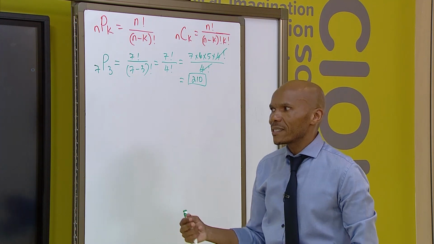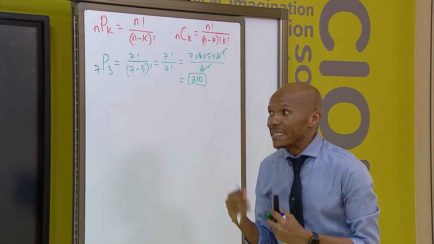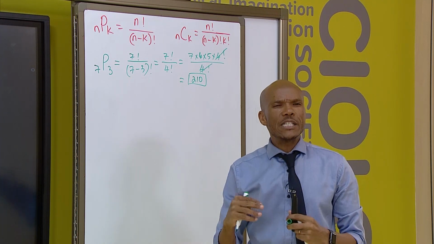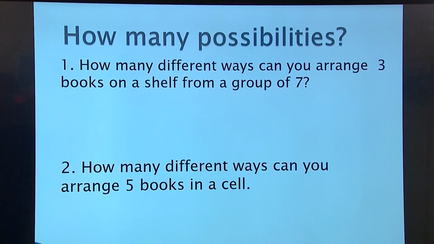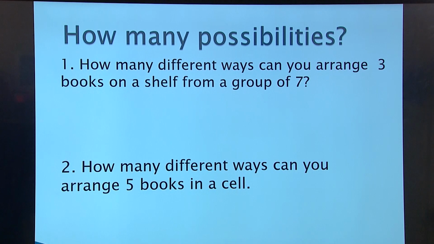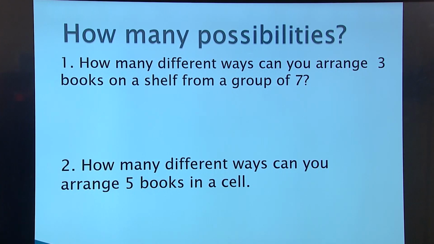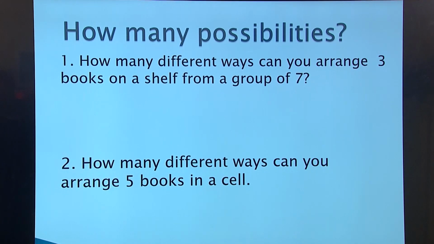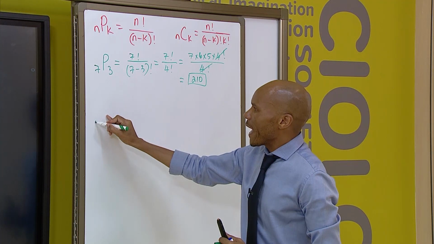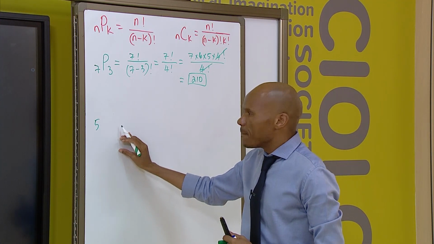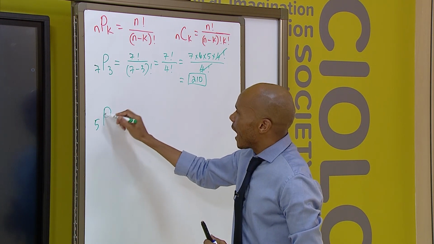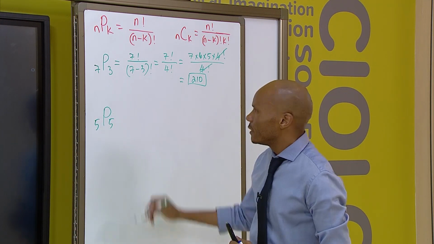Okay? So let's look at the second question. How many different ways can you arrange 5 books on a shelf? But am I choosing anything? No, I want you to arrange all 5. So I have 5 and I want to pick 5, right?